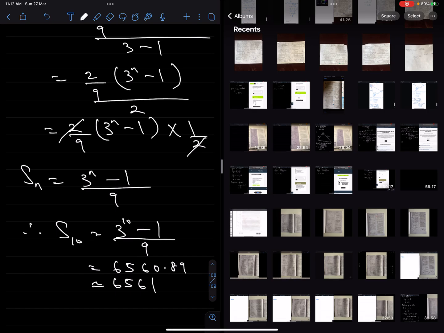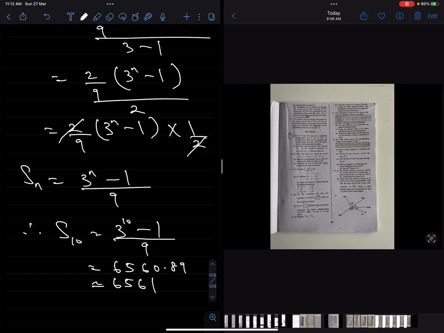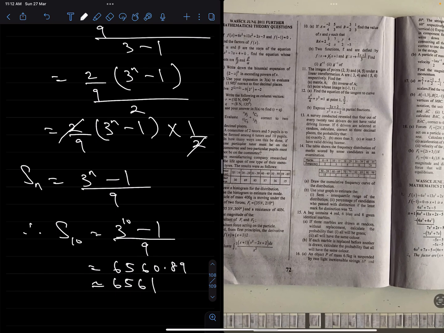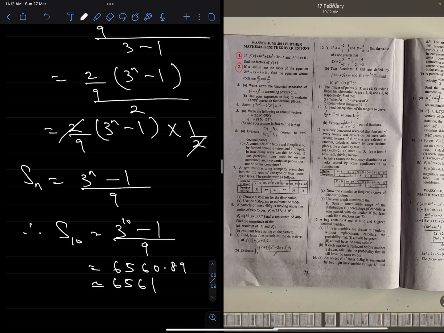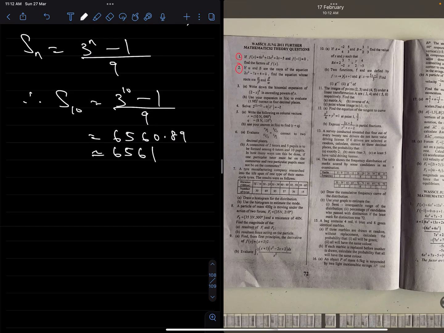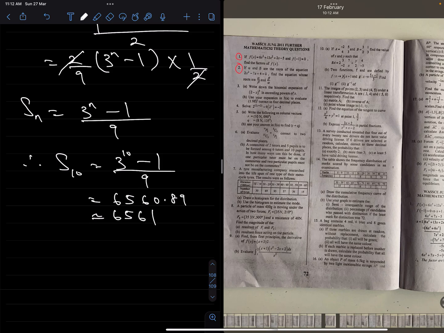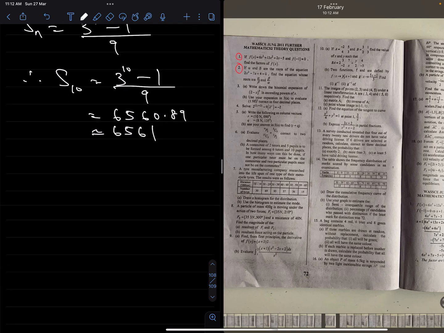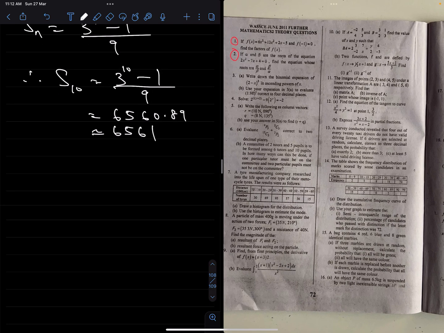That was 2009. The next one is 2011, number 1. Can you read that question? F of x equals 6x cubed plus... It's not 2, you were reading wrong there.